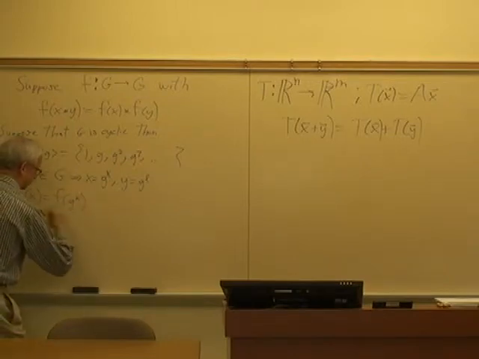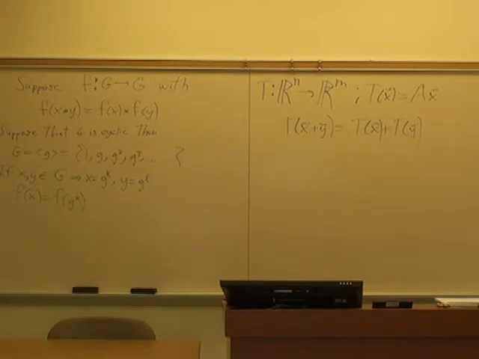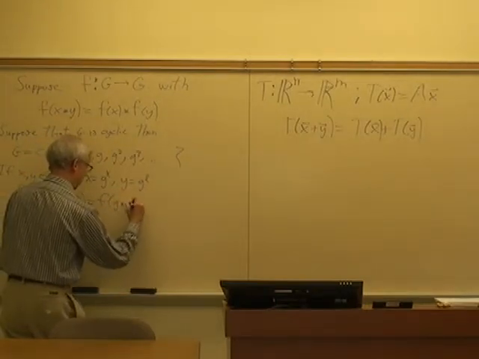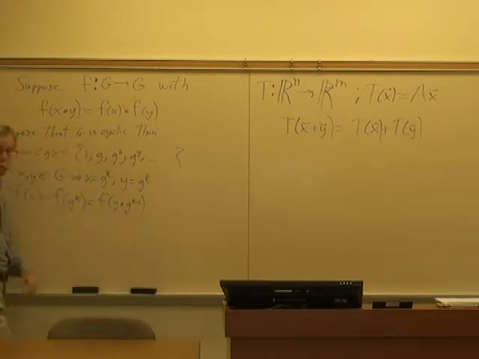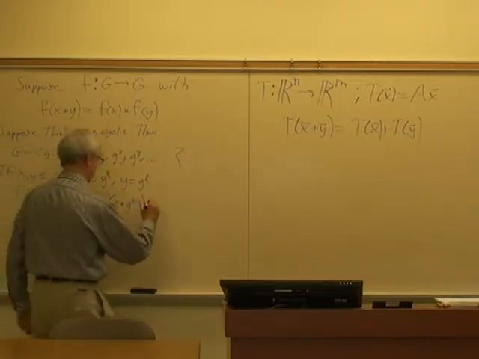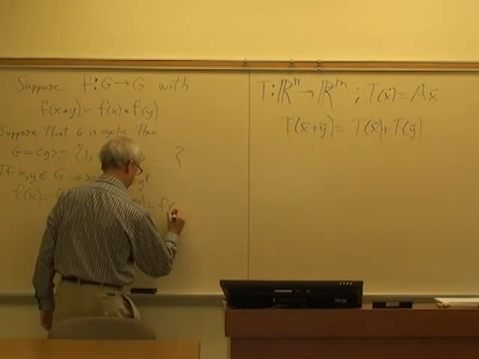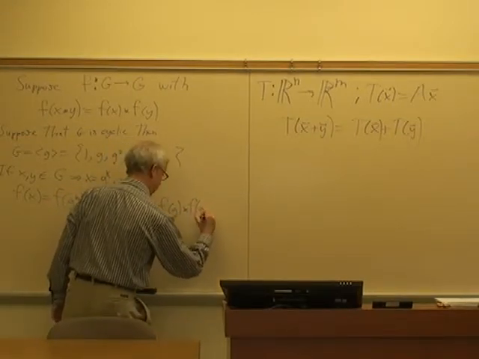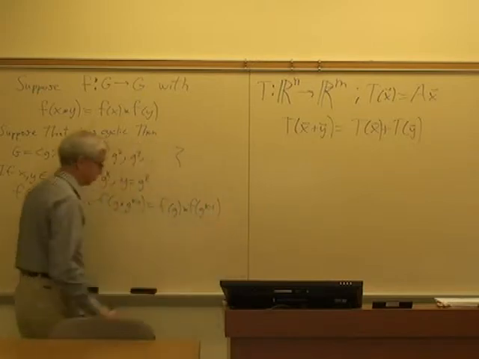Well, this is an operation-preserving map. How can I write f of g to the k as a product of two elements? Well, certainly that's f of g times g to the k minus 1, right? But this map is special. It preserves the operation. So this is actually f of g times f of g to the k minus 1.